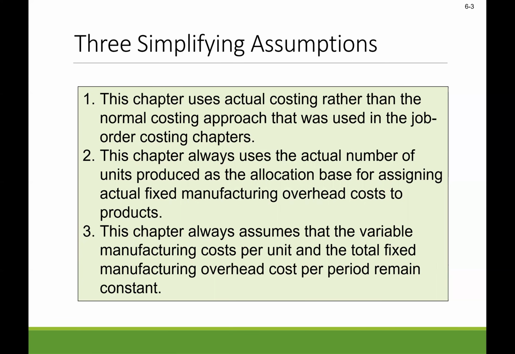This chapter always uses the actual number of units produced as the allocation base for assigning actual fixed manufacturing overhead costs to products. And lastly, this chapter assumes that the variable manufacturing cost per unit and the total fixed manufacturing overhead cost remain constant.